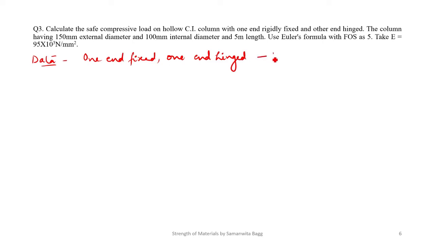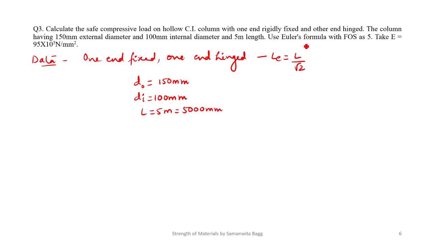So according to this, my LE will be L by root 2. The column has 150 mm external diameter. So DO, the external diameter, is 150 mm and 100 mm internal diameter. So DI is given as 100 mm. The length L is given as 5 meter, that is 5000 mm.